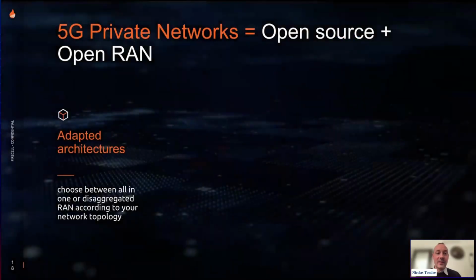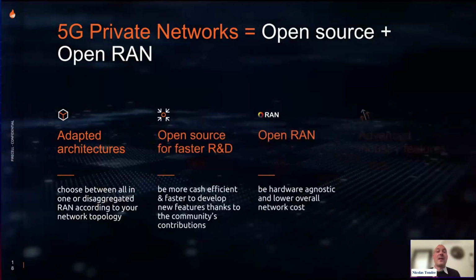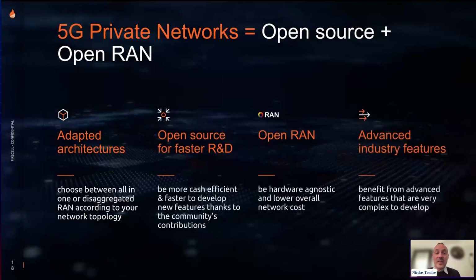Okay, so as a conclusion, 5G private networks are great with open source and Open RAN. That's what I wanted to advocate today, for 4 reasons. Number 1, you can adapt your architecture to the topology of your network where you're going to implement it.